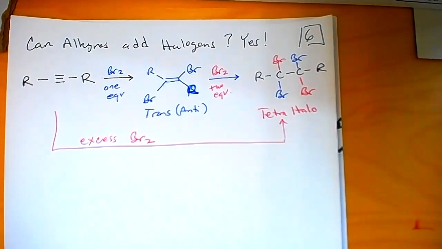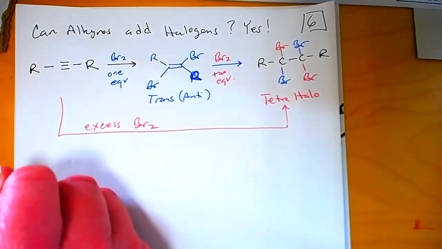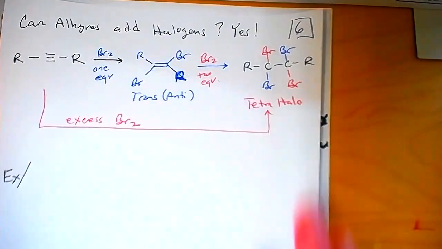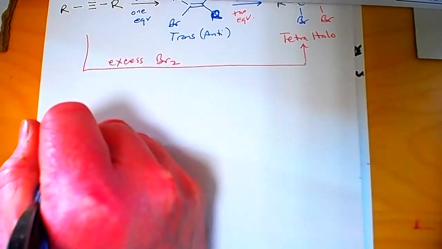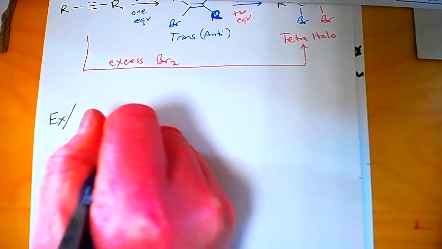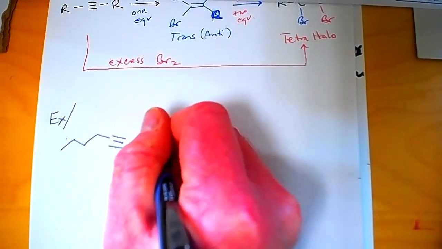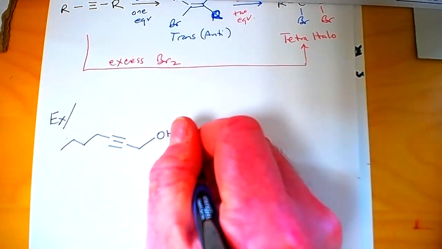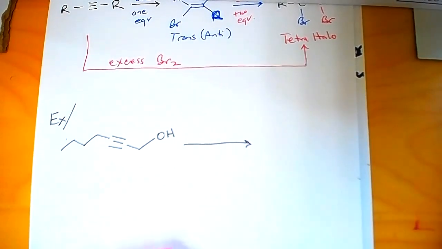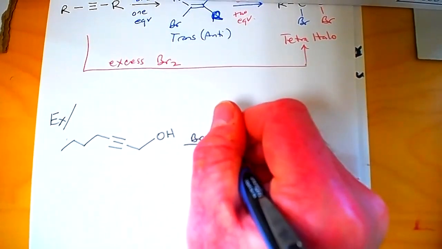All right, so now let's do a quick little practice problem here, and we'll leave it at this. So let's say that we have this alcohol, and I want to treat this with Br2, 1 equivalent.